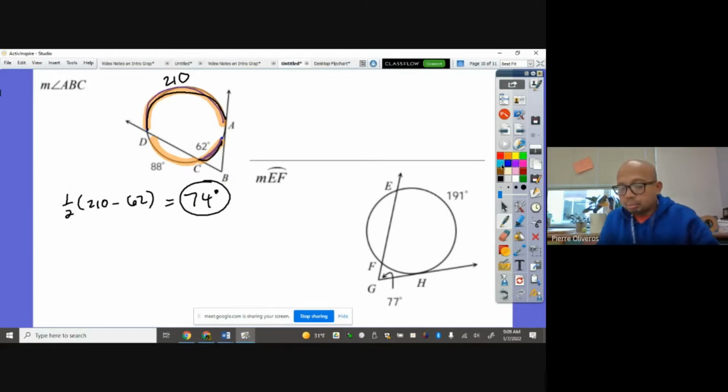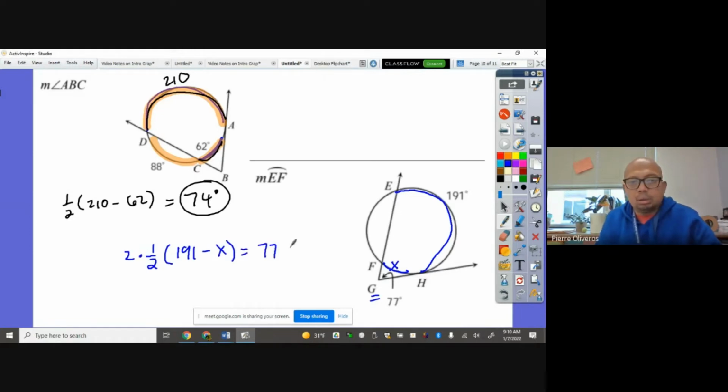Kaboom. Next, I have here the larger intercepted arc, and I do not have the smaller or shorter intercepted arc, so that's my x, but I have the angle 77. So therefore, I'm going to have half of the larger arc, which is 191, minus x is equal to 77. Same thing, I'm going to multiply by 2 here.